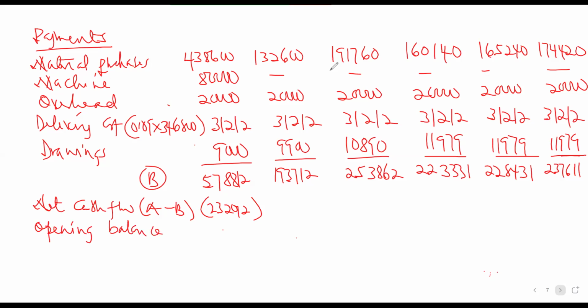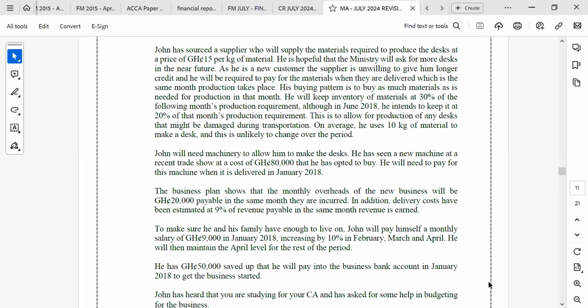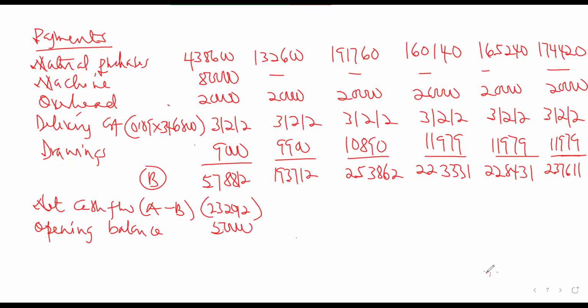This is the net cash flow for the year, and we now add the balance that we have in the accounts. He has 50,000, so that is the opening balance. So our closing balance will now be plus 50,000, giving negative 182,012. That will be the closing cash balance.